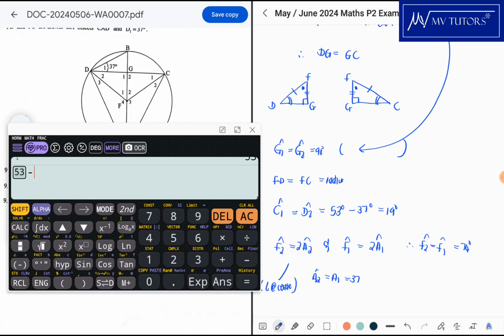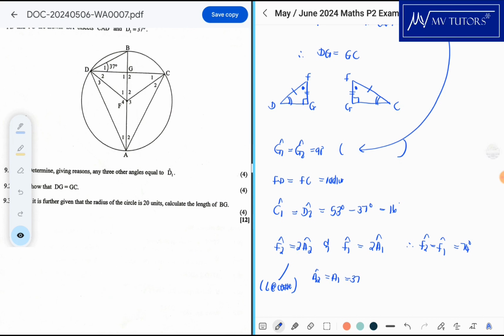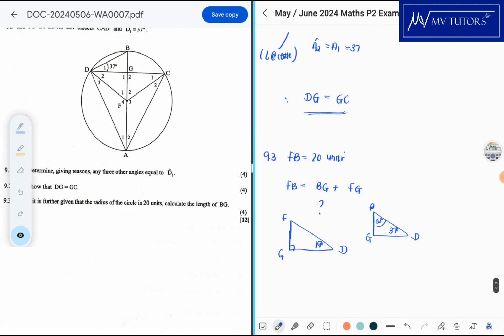And 53 minus 37 is 16. My goodness, where did I get 19 from? Sorry, guys. This should be 16. I don't know where I got this. Okay, now things are making sense.